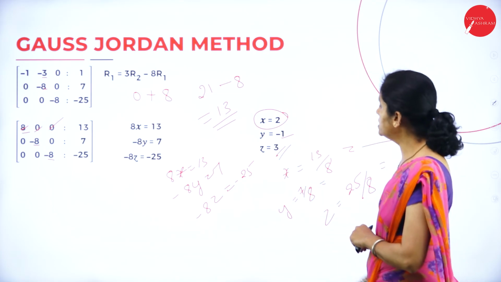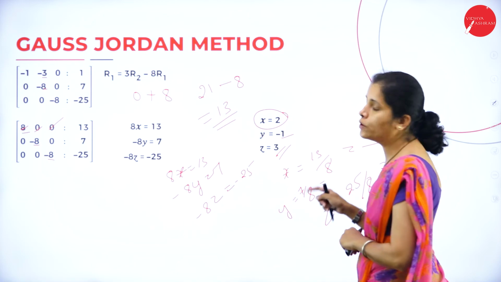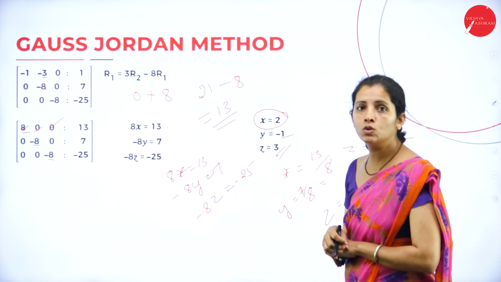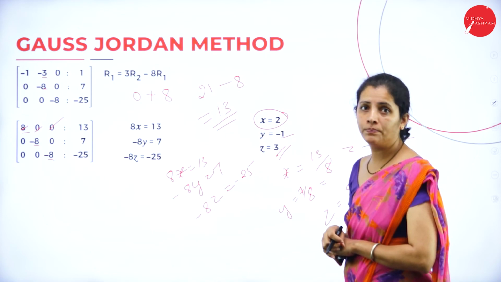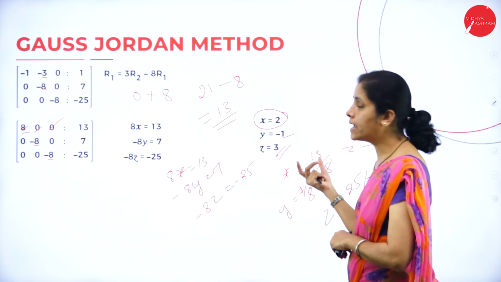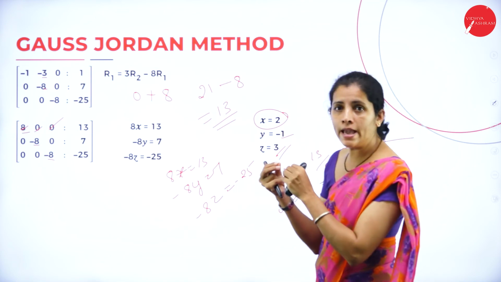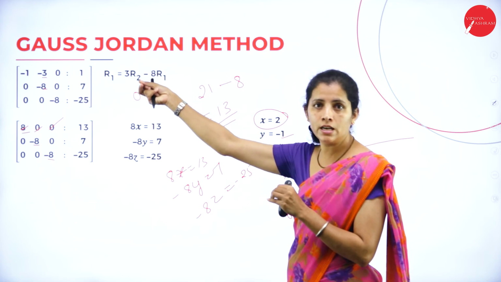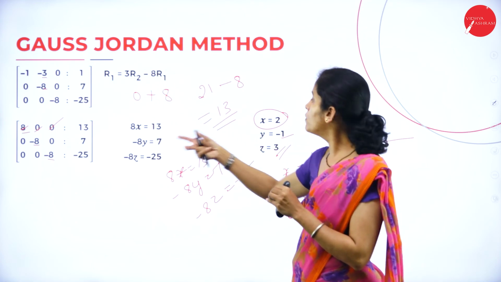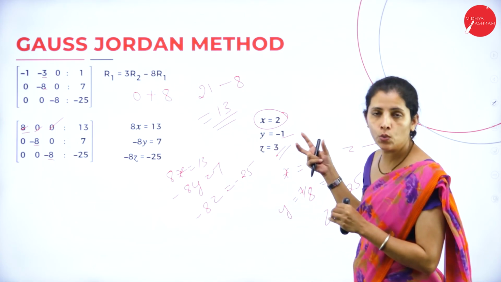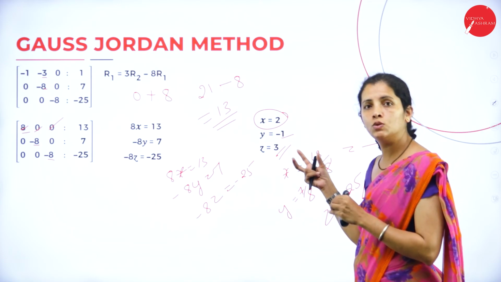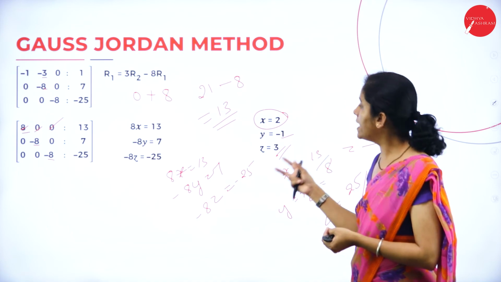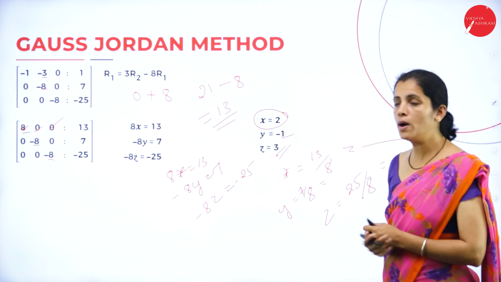So dear students, see here, each time I'm going to get some fractional values, and this is known as error. If I make any small modification in my given numbers, I'm going to get some fractional values.